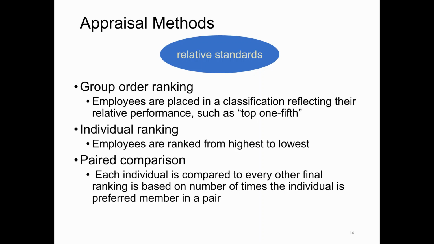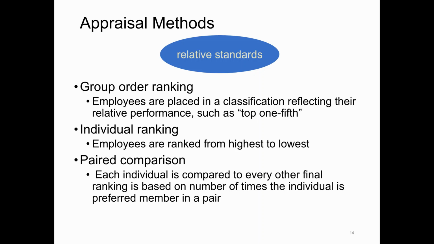In terms of individual ranking, all the employees are ranked from highest to lowest. In our example, employee B makes 38 shirts, employee A makes 36 shirts, and employee C makes 32 shirts.